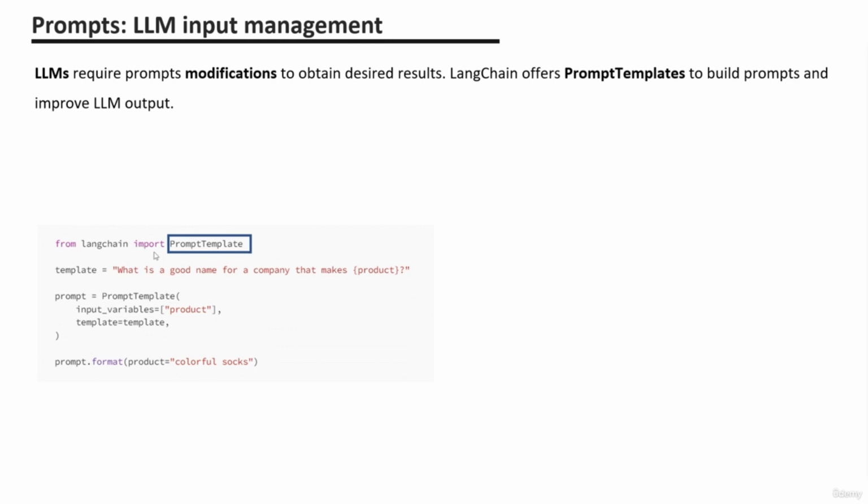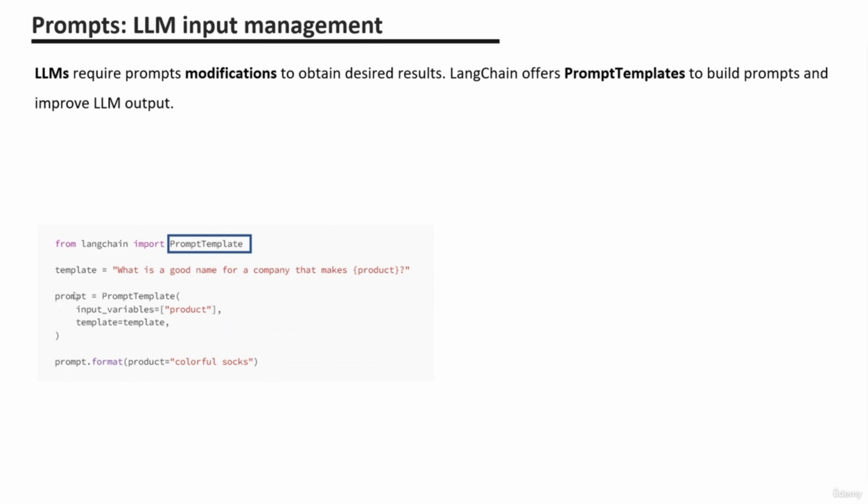As shown on the screen, the first step is to import the prompt template function from LangChain. Then, we construct the template variable, which has a fixed, invariant part and a variable part represented by arguments. In this case, the argument is product. This product argument will be modified based on the call we make.